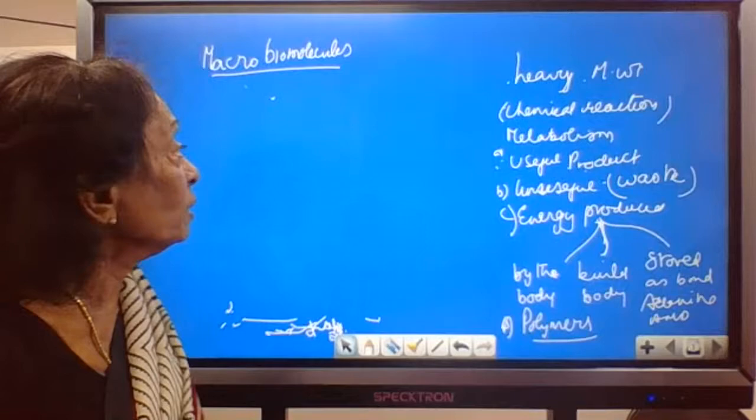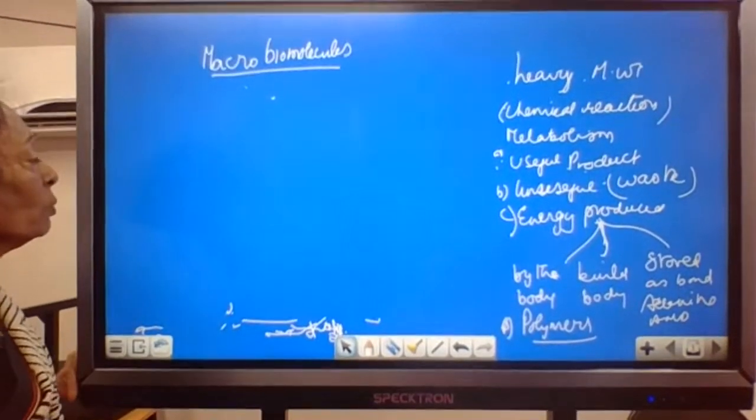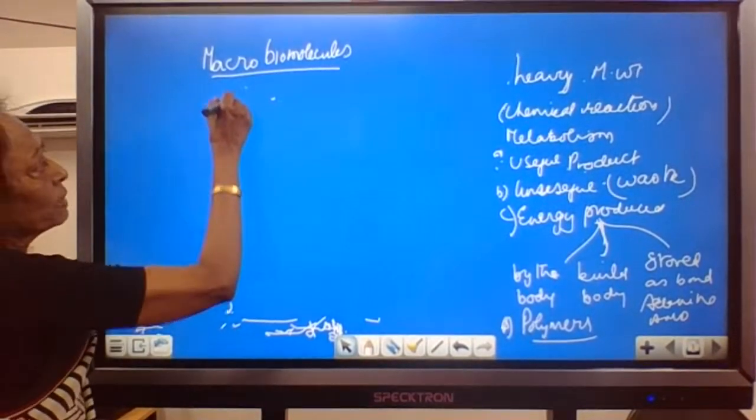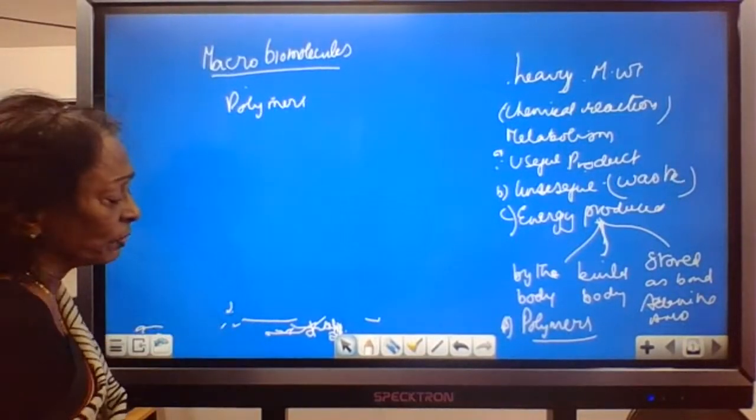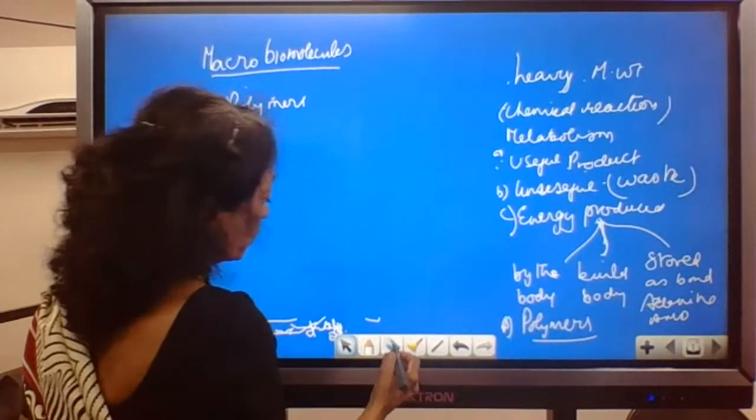The third part of your lesson is the macrobiomolecules, since they are polymers. Now first, what are these major macromolecules?